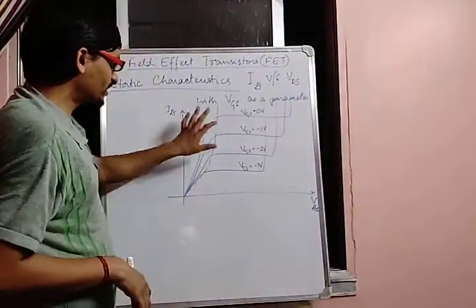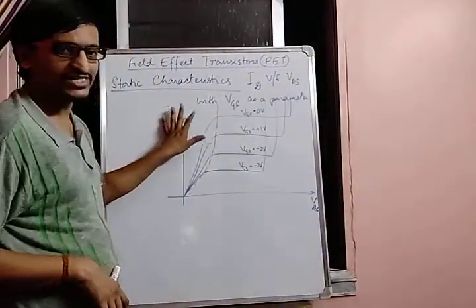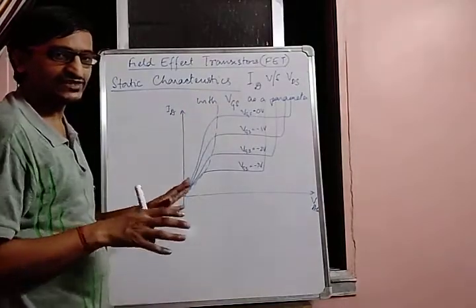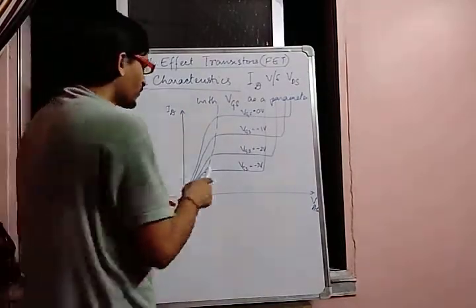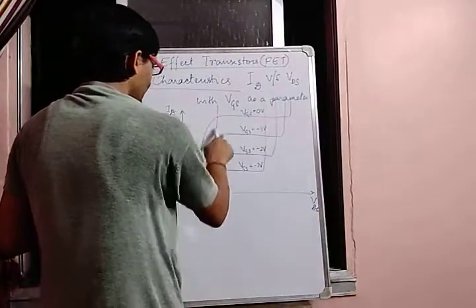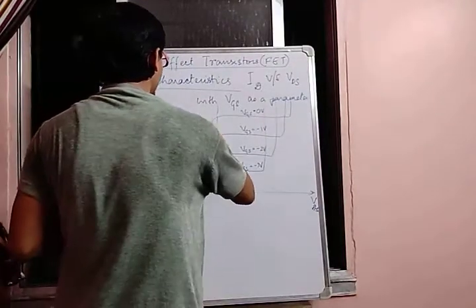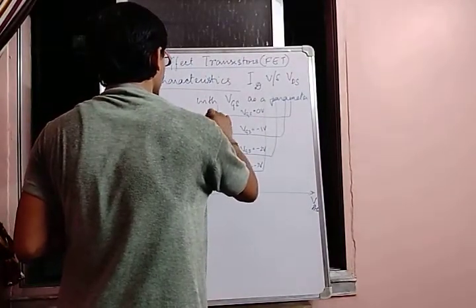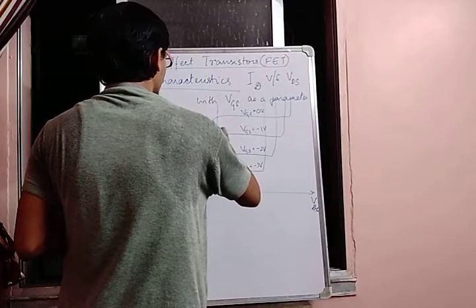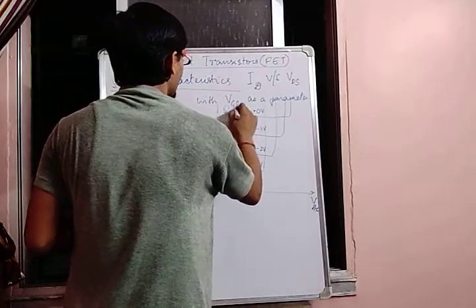So this particular graph, as you can see from here, consists of three regions. One is this region, which is your linear region.